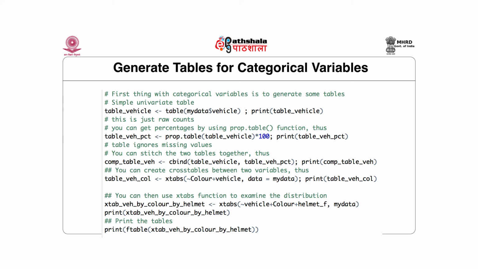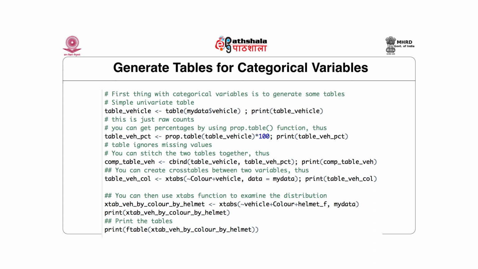You can then very quickly expand the scope of the categorical variable descriptions, where they're going to be broken down by the levels of the third variable. Very, very useful.